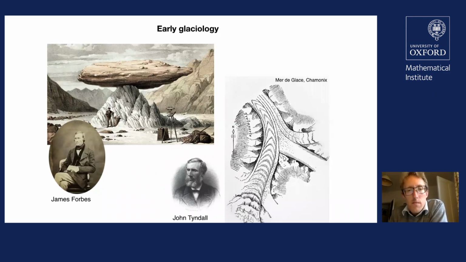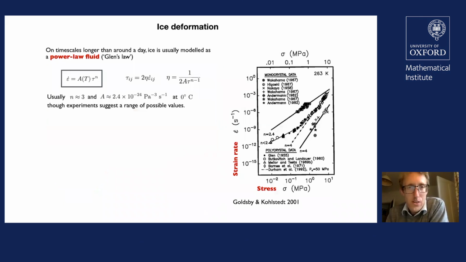But thinking has evolved to the point that we now just accept that we're going to treat the ice as a viscous fluid, and that's what I'm going to do. And so this is now quite standard, that if we're interested in the behavior of glacial ice on timescales that are longer than a day or so, then we're going to treat it as a fluid.